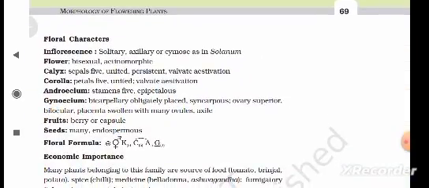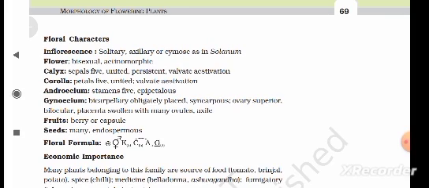Floral characters: inflorescence solitary, axillary or cymose as in Solanum. Flower bisexual, actinomorphic. Calyx: sepals five, united, persistent, valvate aestivation. Corolla: petals five, united, valvate aestivation. Androecium: stamens five, epipetalous. Gynoecium: bicarpellary, obliquely placed, syncarpous, ovary superior, bilocular, placenta swollen with many ovules, axile.